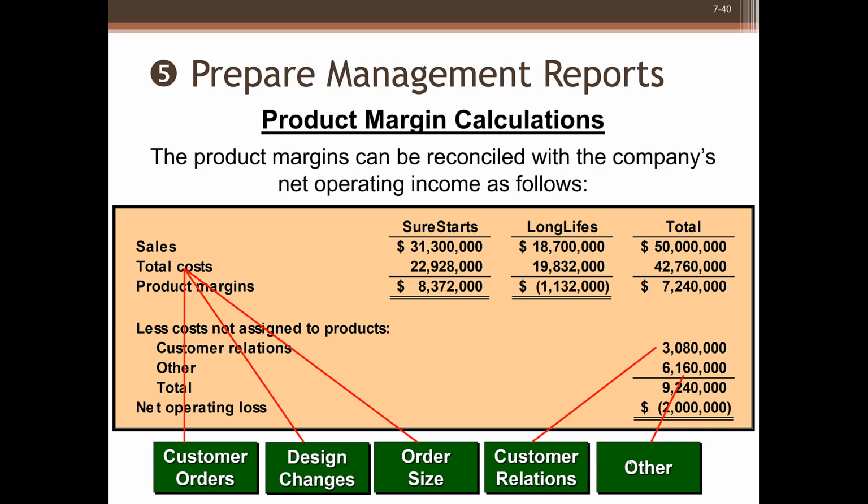The difference should be 6,160,000. And then we add customer relations overhead cost. You can get 9,240,000 and subtract this number from profit margin for the total, and then we can get negative 2 million. This is net operating loss for the company.